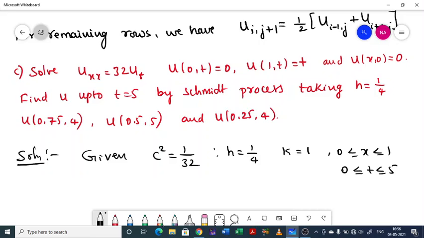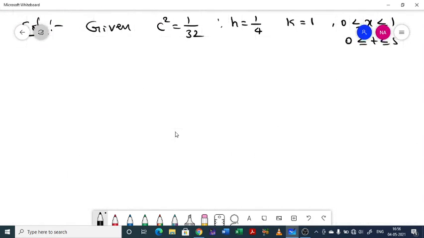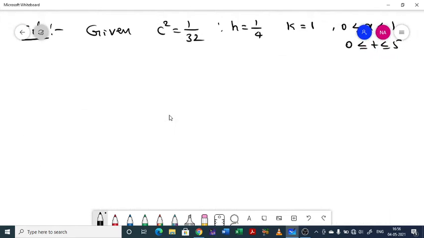You have to write the informative table, so I'll write it here. The values of x are x naught, varying from 0 to 1 with h 1 by 4. So x naught it will be 0, 1 by 4 that is 0.25, 0.5, 0.75, 1.